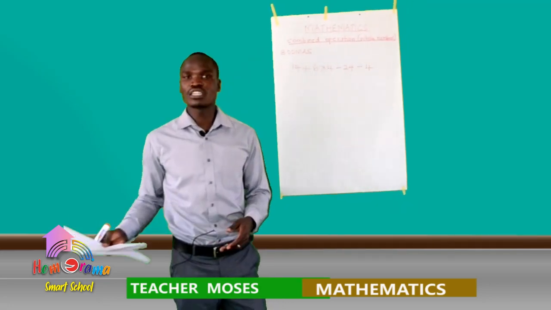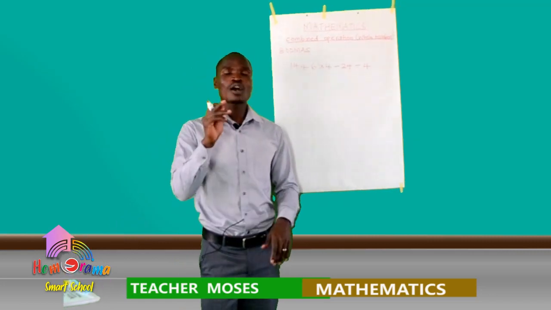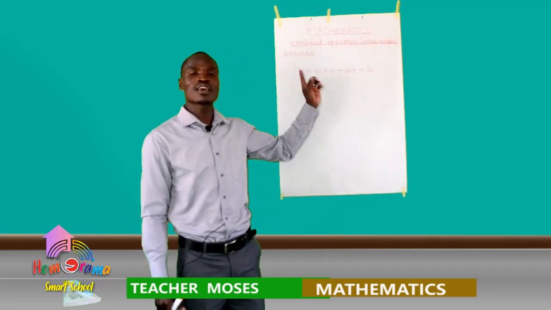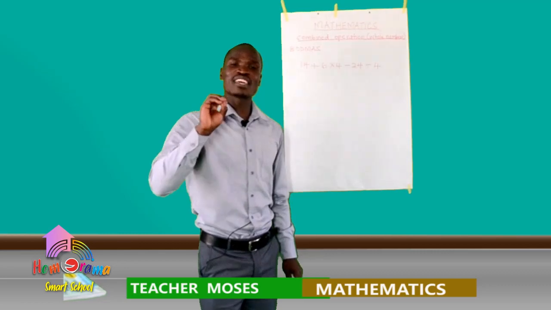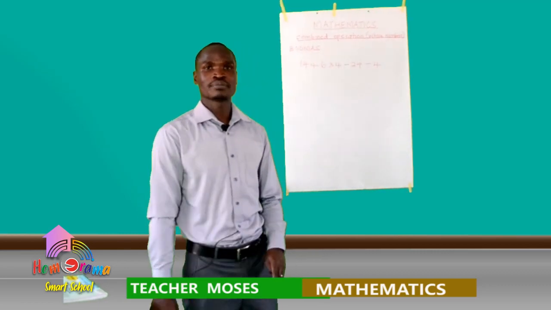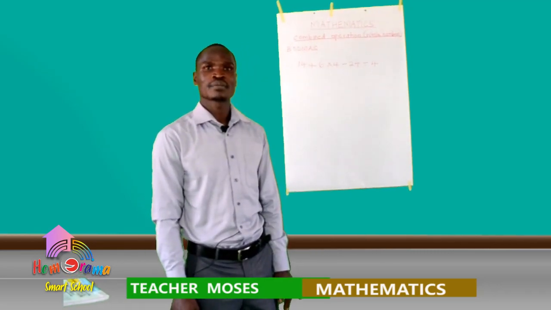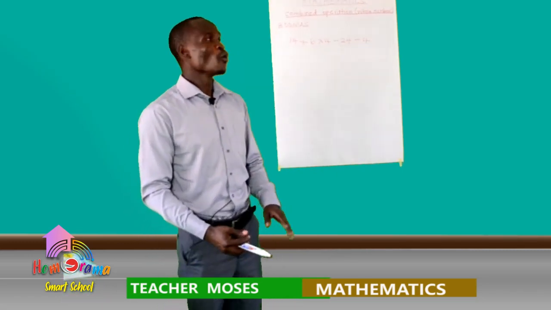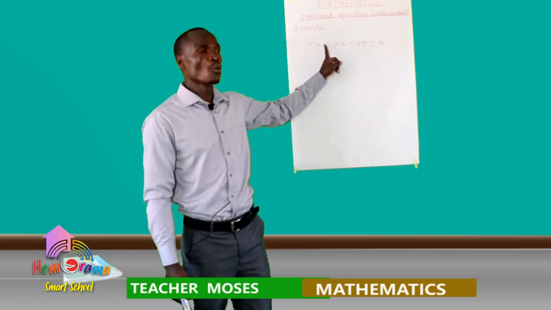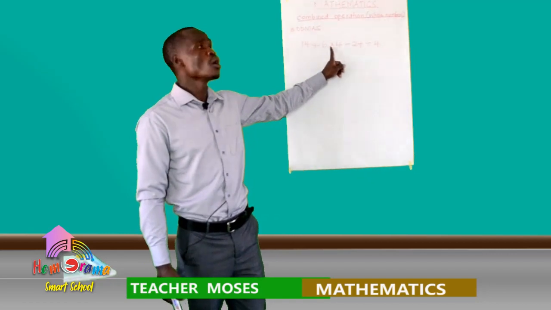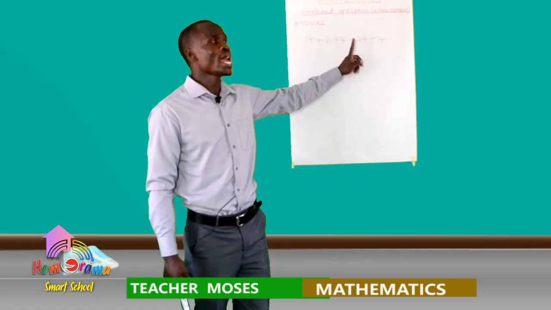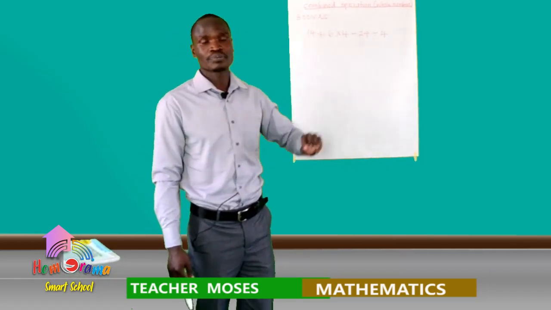That is our question, boys and girls. Having this first, can you give me the signs that we have in our question? Very good. We have addition, multiplication, subtraction, and division.